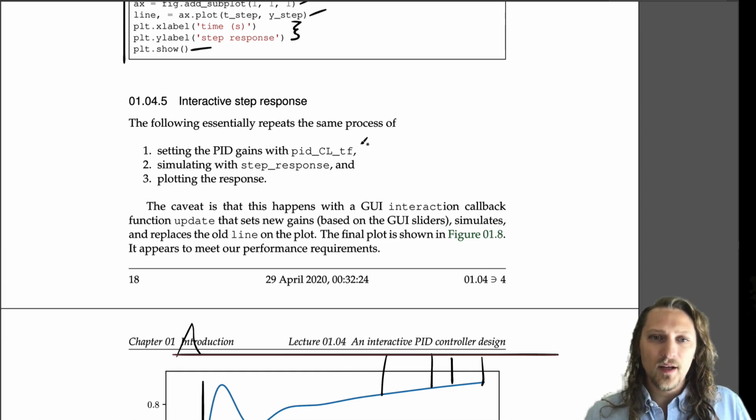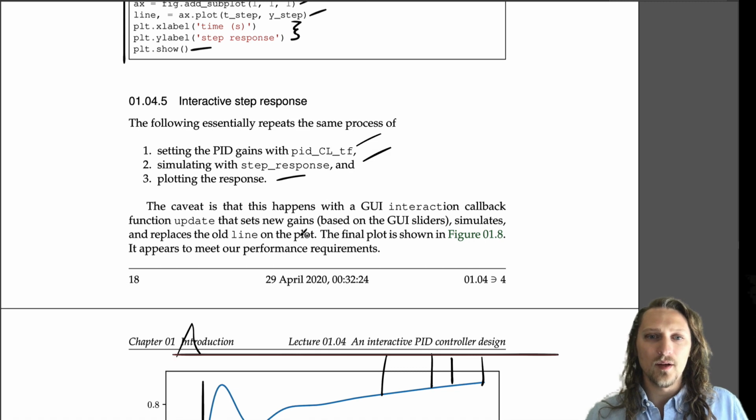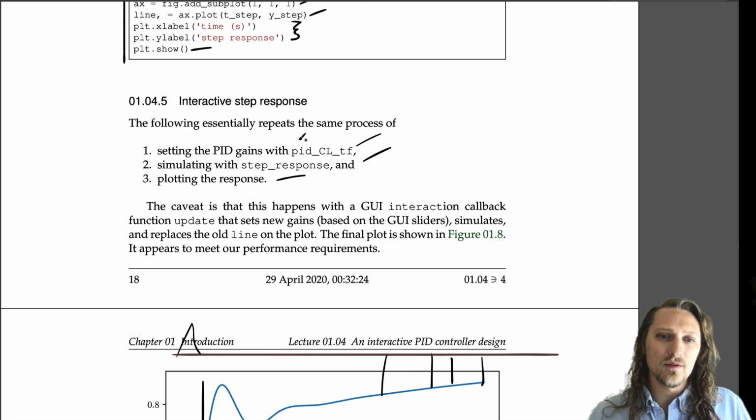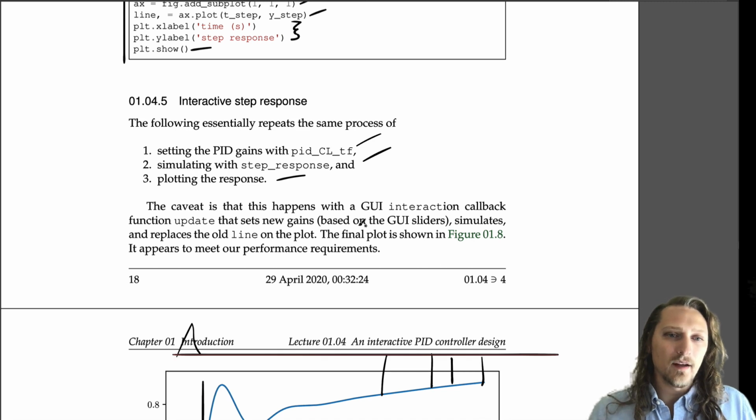We set the PID gains using the PID CLTF like we did above, and we simulate with the step response like we did above, and we plot it. But what we do is we take the GUI interaction callback function update, and we use that to set the new gains. Then we simulate it, and then we replace the old line on the plot.